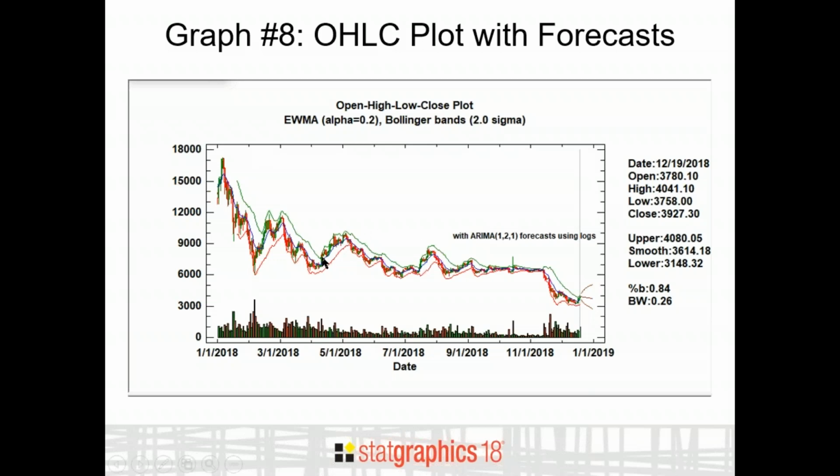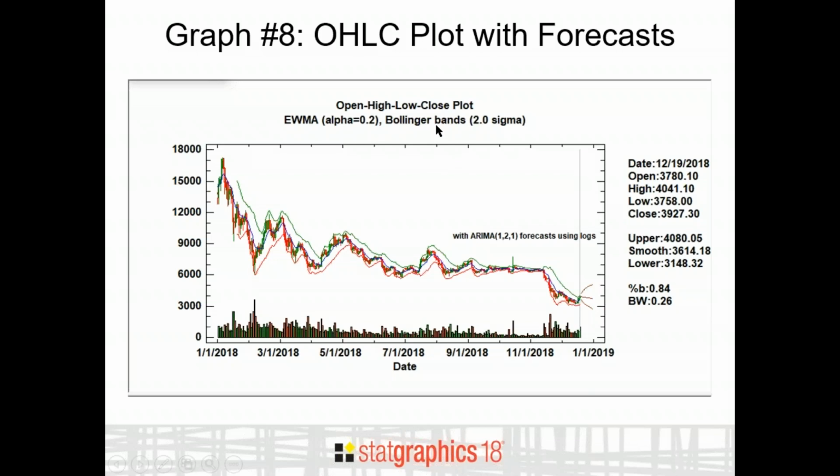Above and below the smoother, you also see something called Bollinger Bands. What Bollinger Bands do is show you an estimate of the volatility of the prices at any particular point.